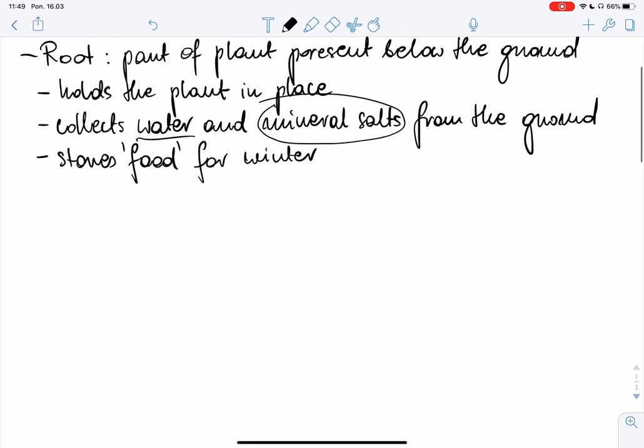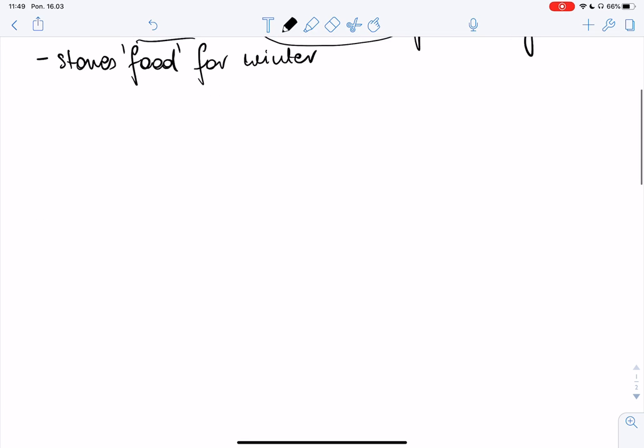And guys, on page 98, you have a diagram presenting a very simple type of root. And it looks more or less like this. We have this root. We have some secondary roots here.